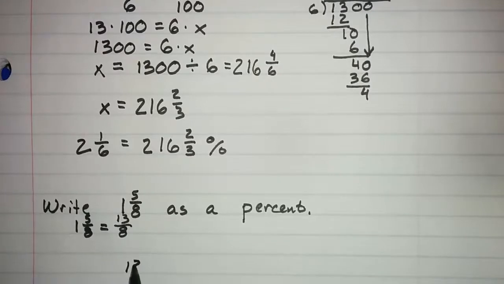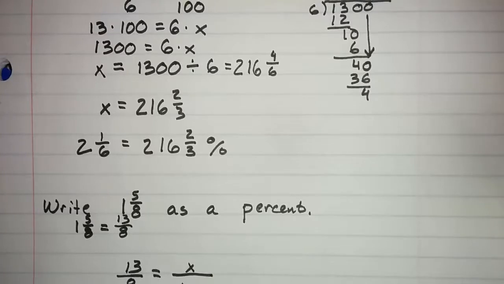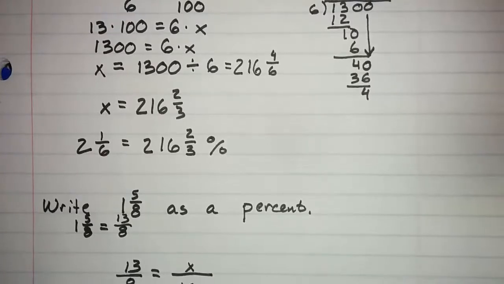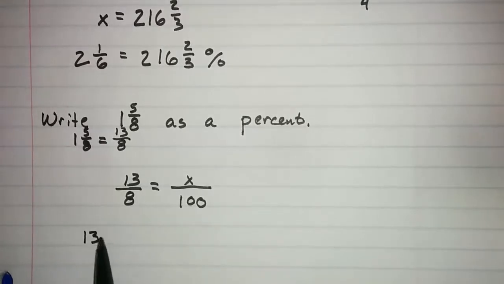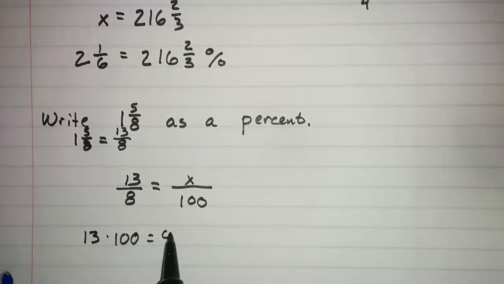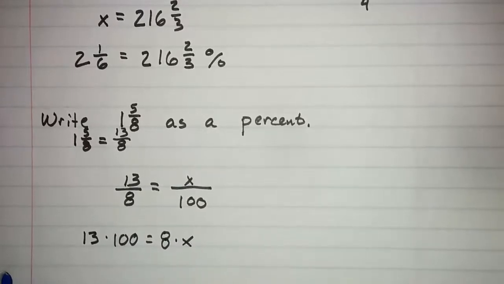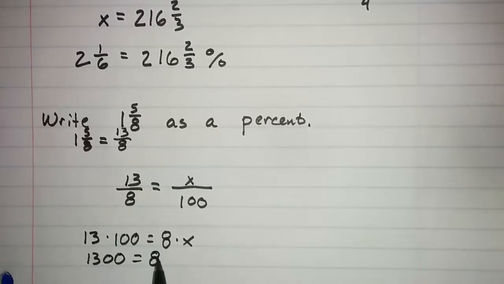That gives us the proportion 13/8 is some number over 100. Cross multiplying, 13 times 100 is 8 times x, so 1300 is 8 times x.